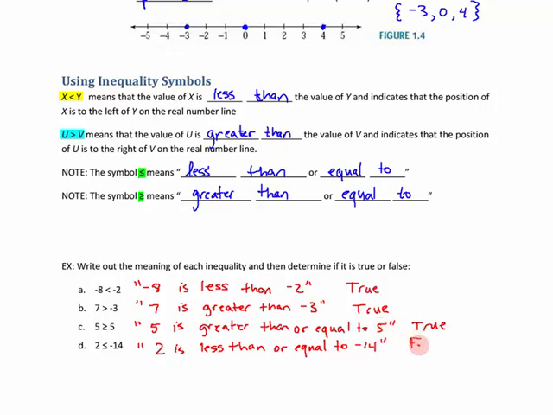Well, that's clearly false, because in order for it to be less than or equal to, 2 would have to be left of negative 14, and 2 is here, negative 14 is way down to the left, so it is not true. In other words, it's false. Okay? Now with that, we are done with section 1.1, and we'll be ready to start 1.2, where we cover the operations and properties of those operations on real numbers.